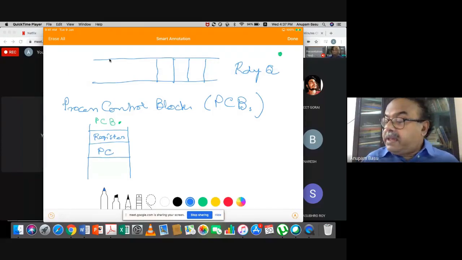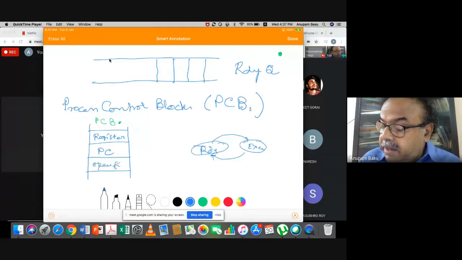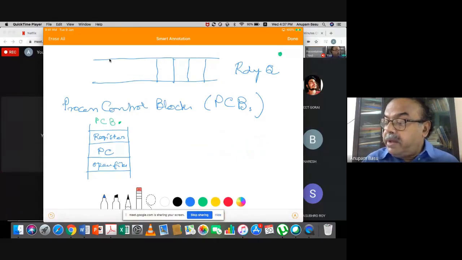Because from the exec state, it had come down to the ready state, and sometime later, it will again get hold of the CPU when its time comes. At that time, from which point should it start its execution? That's why we need to remember the program counter value as well. We will also store all the files that were open in the green process, all those things will be here.